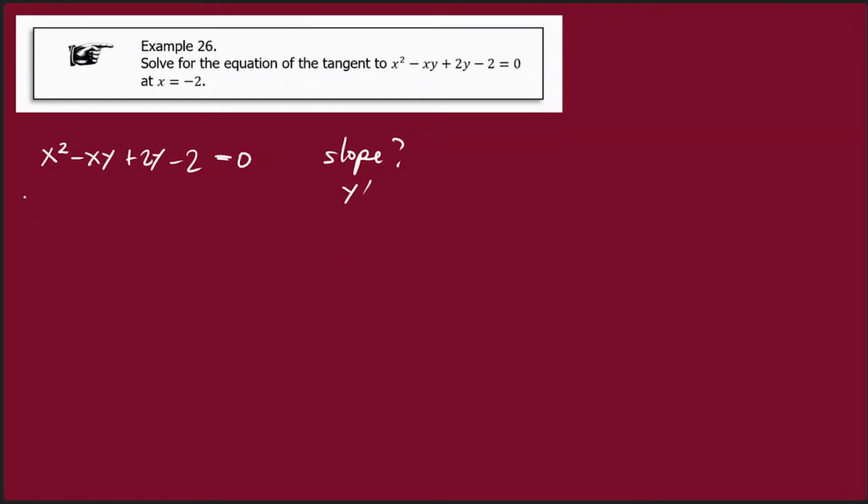Since this is implicit, d over dx of x squared minus xy plus 2y minus 2 is equal to d over dx of 0, which is also 0.